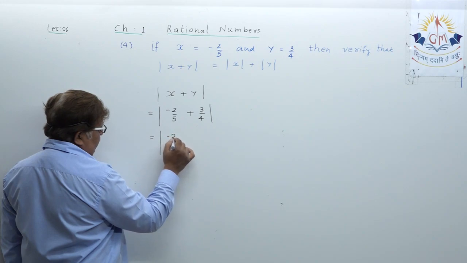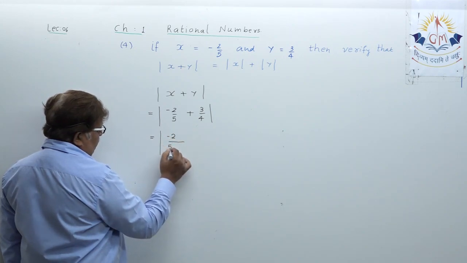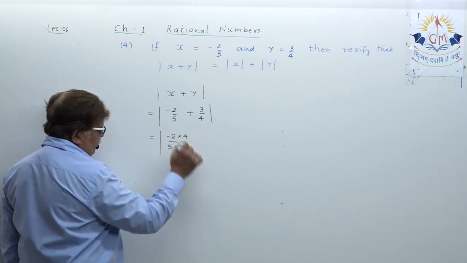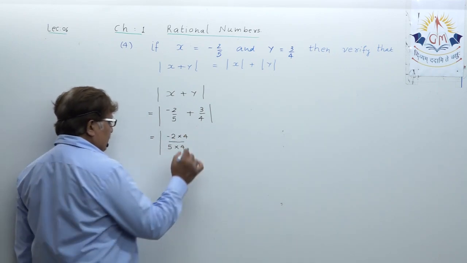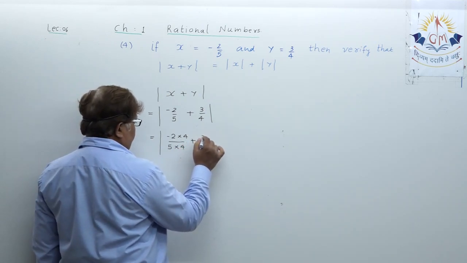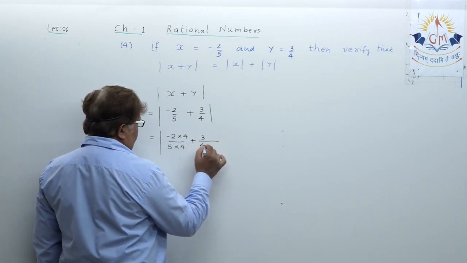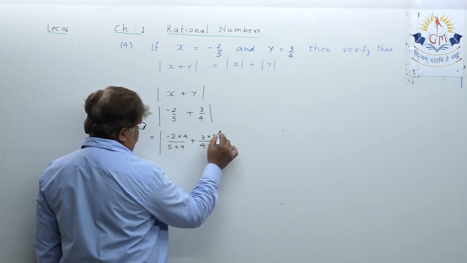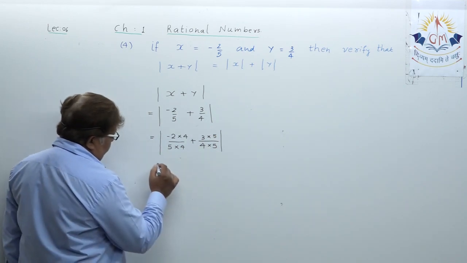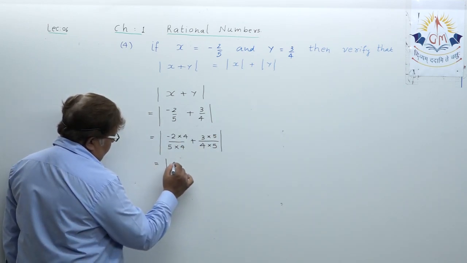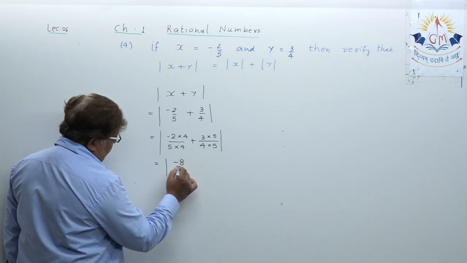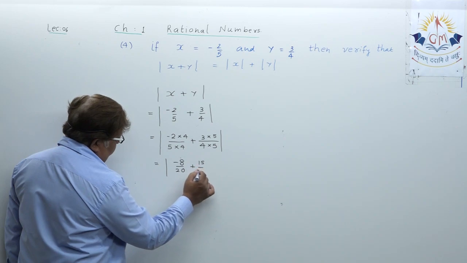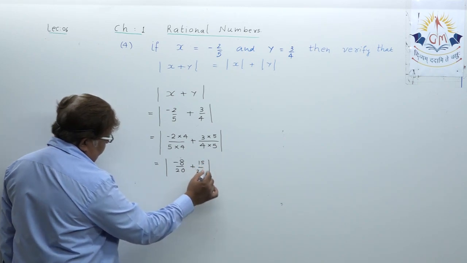So accordingly, 5 times 4 is 20, so here also 4, plus 4 times 5 is 20, here also 5. Next step, minus 8 upon 20 plus 15 upon 20.